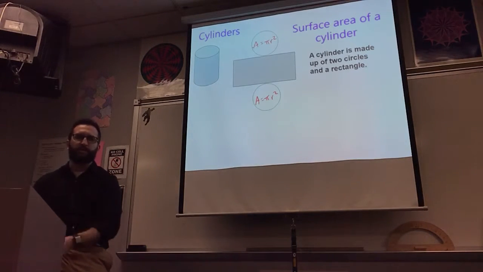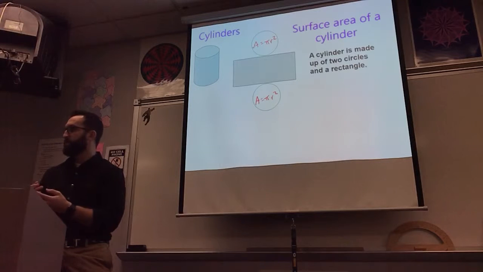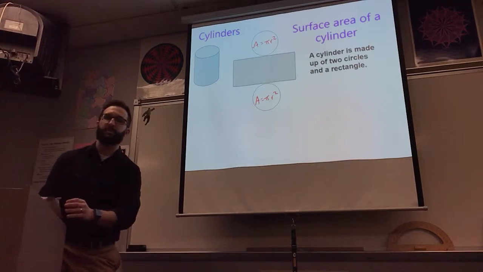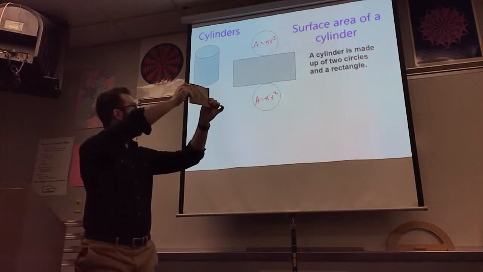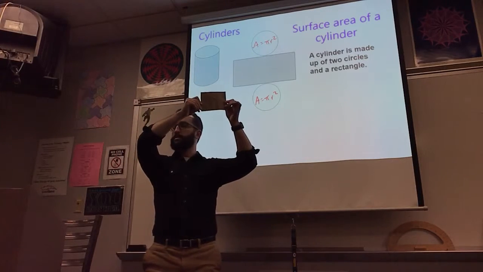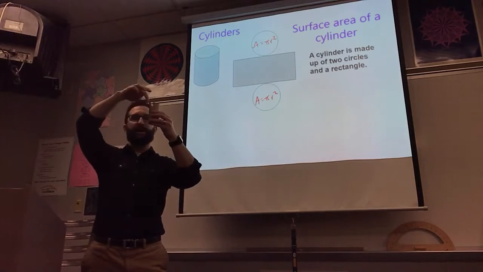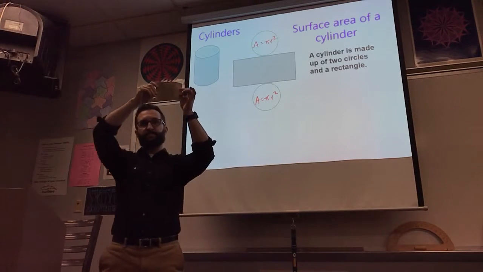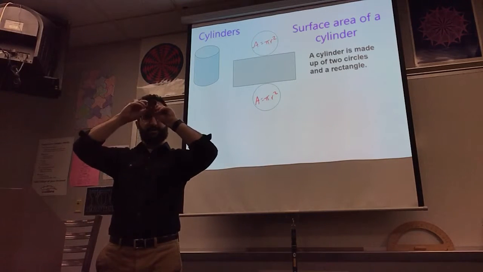Now, do you guys remember what the rectangle was made up of? What 2 special pieces? It wasn't length and width, because we were talking about the cylinder, right? When we flatten that out into our rectangle, what did we get? Well, the top. What was the top? Yeah, the circumference.